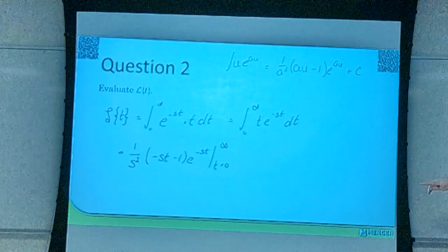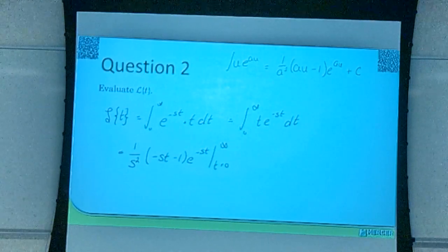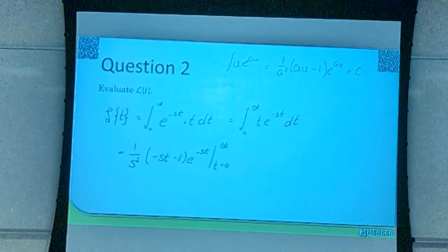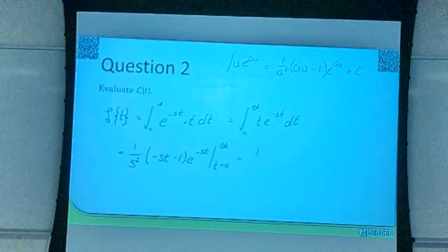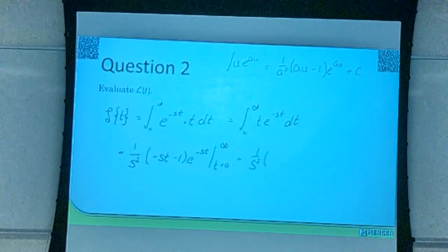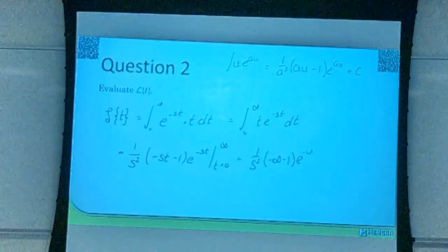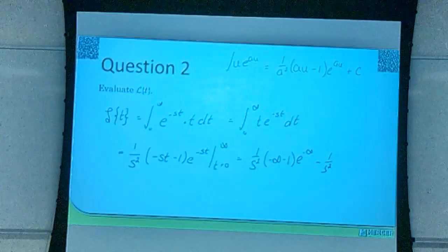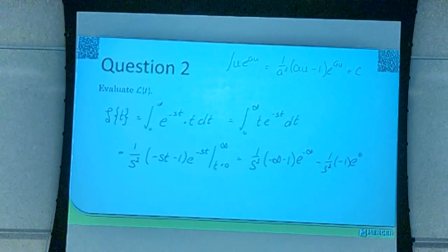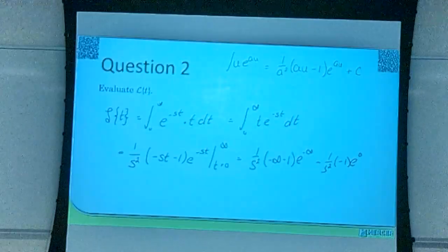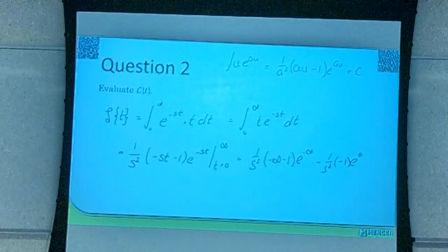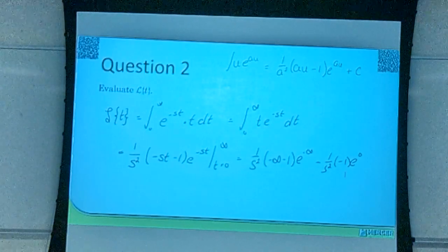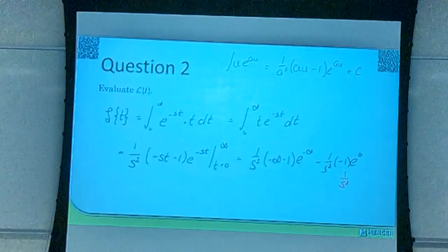In fact, you should have done a problem like this in Calc 2, which is why I'm not doing it. e to the 0 is 1. So that second term is just positive 1 over s squared.